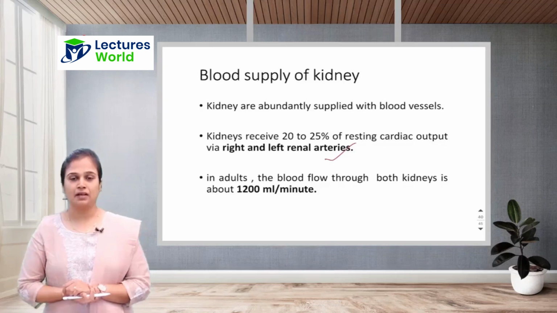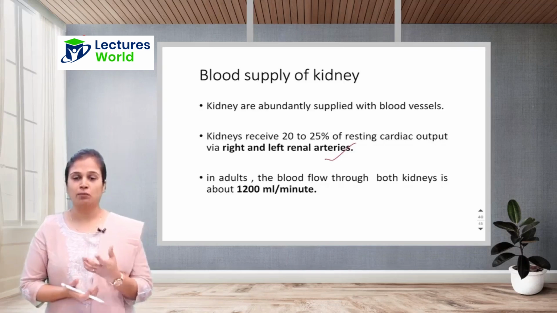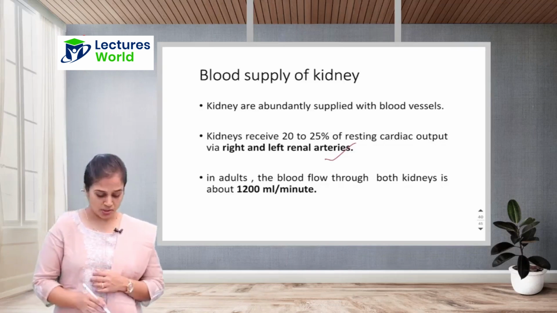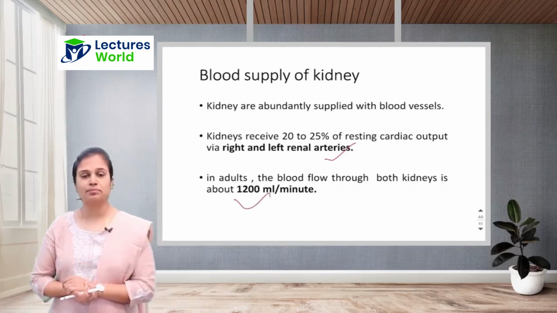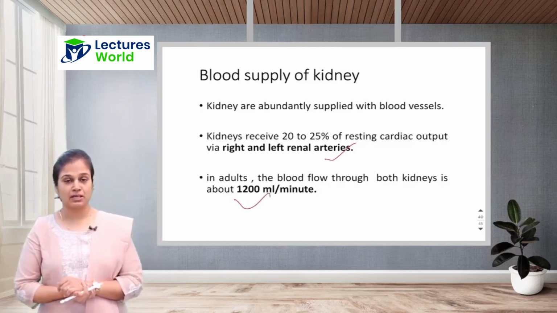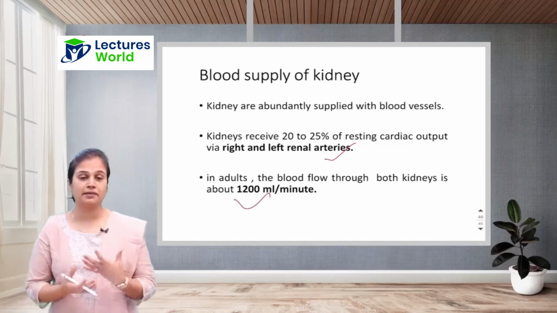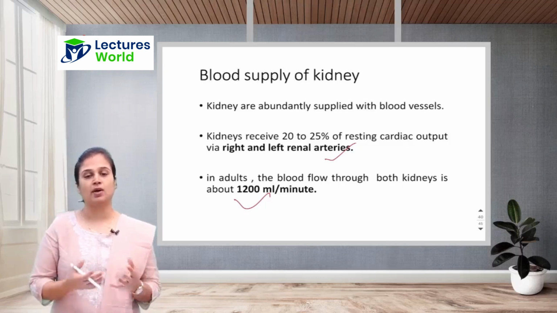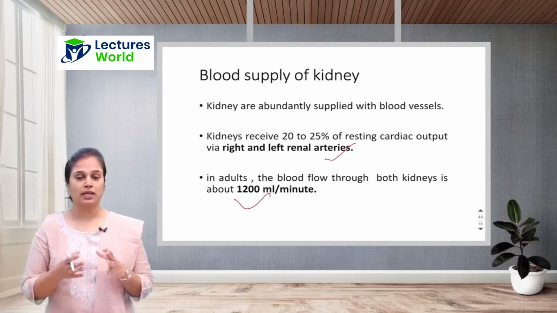In an adult, the blood flow through both kidneys is about 1200 ml per minute.